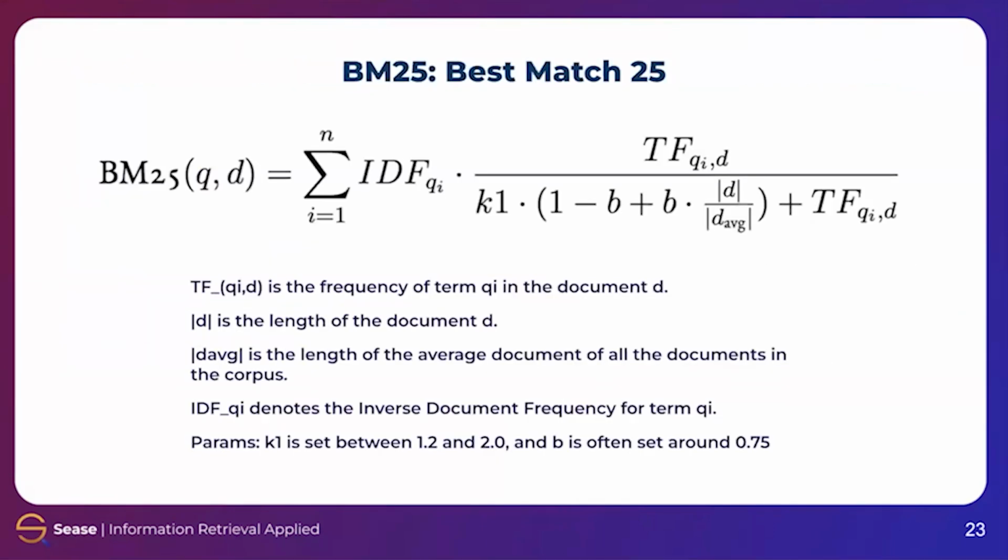Same for BM25, that's Best Match 25, where we have another way of computing the score, adding two parameters, K1 and B, and as I said before, I left the parameters at defaults. So B is set around 0.25, and I set K1 in the middle of the interval between 1.2 and 2.0.